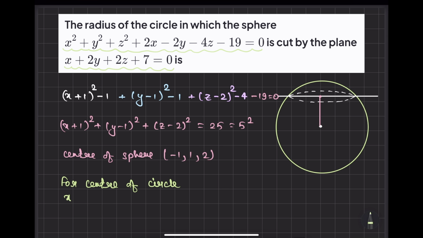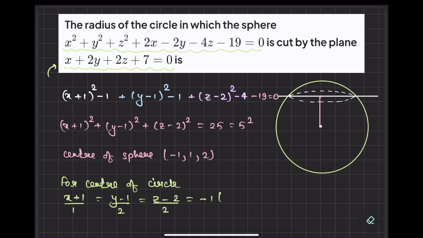So it is x minus minus 1 by a, which is 1, y minus y1 by b, z minus z1 by c equals, for the foot of perpendicular, minus 1 times point satisfaction.